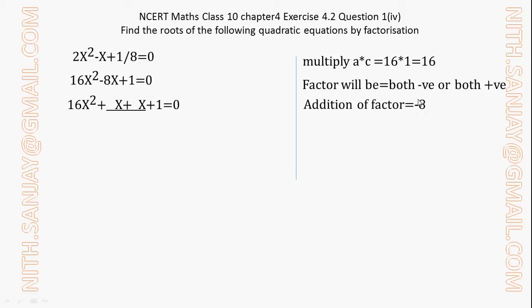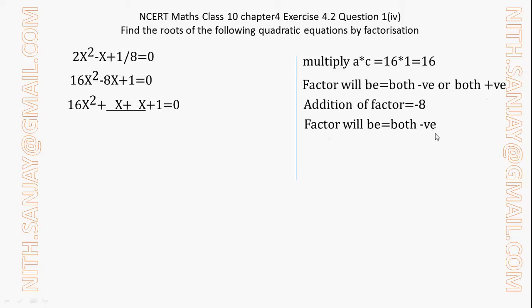Because addition has to be minus 8, we can very easily say that both the factors should be negative, because if we add two positive terms, we will never get a negative addition. So both the factors will be negative.